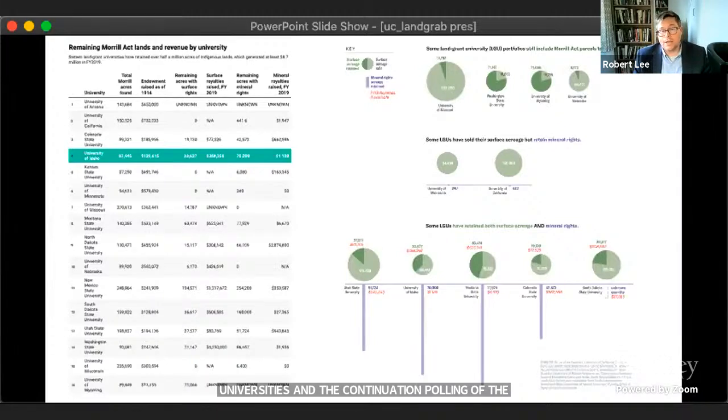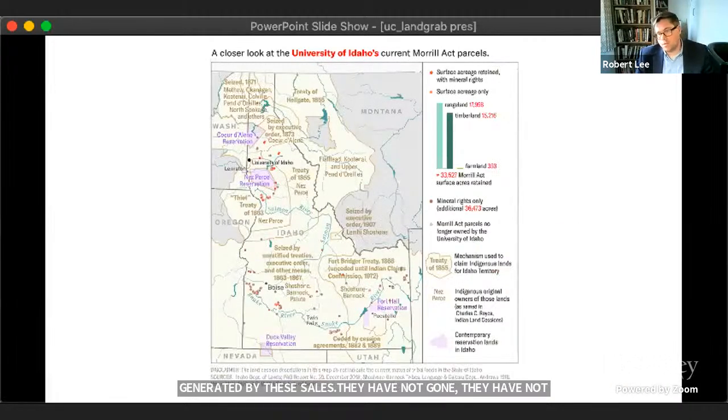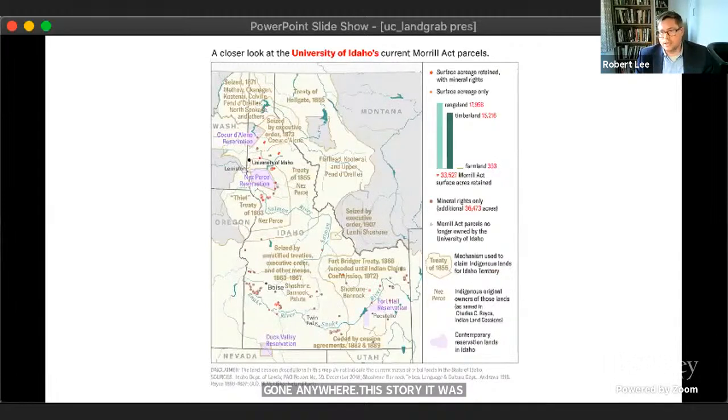They haven't gone anywhere. And this story was focused around Idaho, University of Idaho. What we see here is the mapping of all the locations of the 33,000 acres, roughly a third of Idaho's grant, still retained by the state in trust for the university.